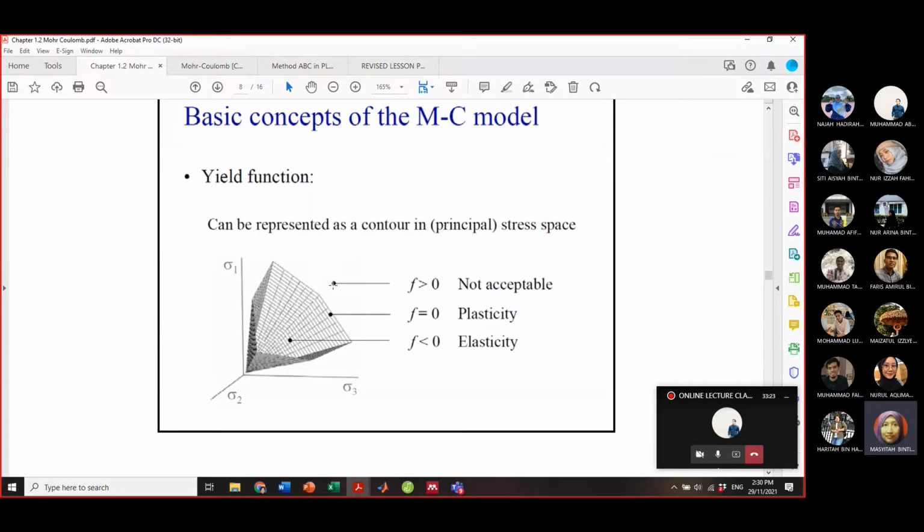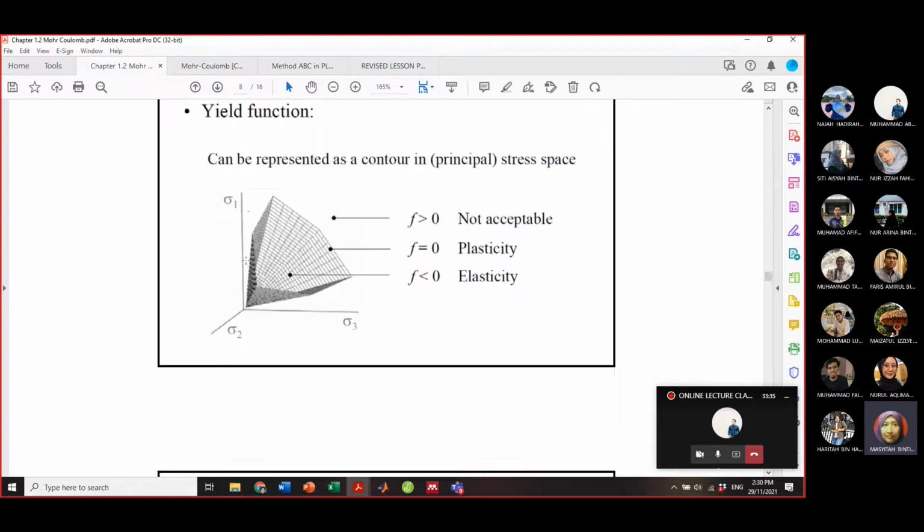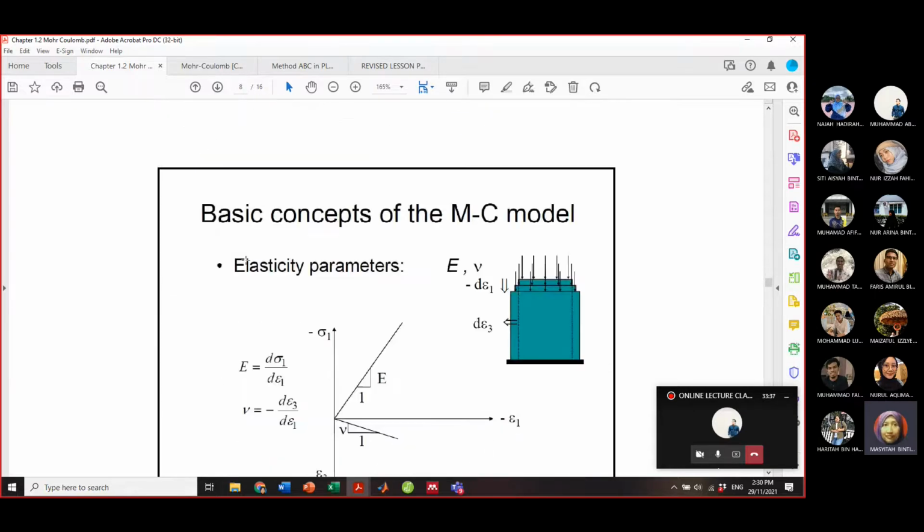If the yield criterion is outside the boundary of the yield stress, these are unacceptable conditions.